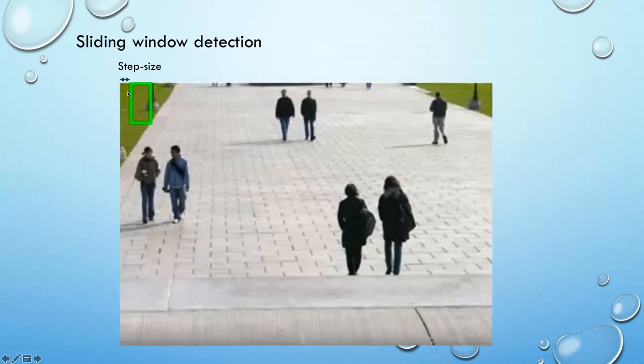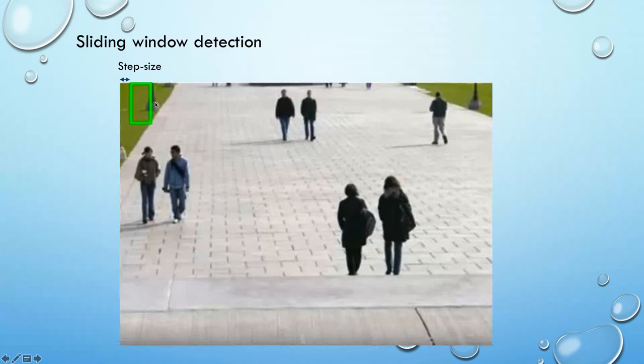There's a step size, which is how much we move each time. It depends on how accurate you want to be. A smaller step is better, but more time consuming. You can set it to 1 pixel, which is the best, or take 4 pixels or 8 pixels.